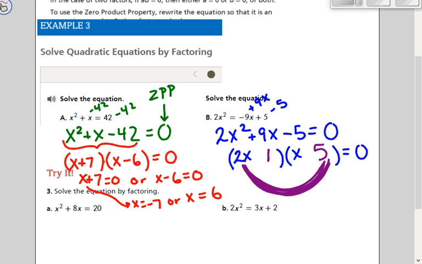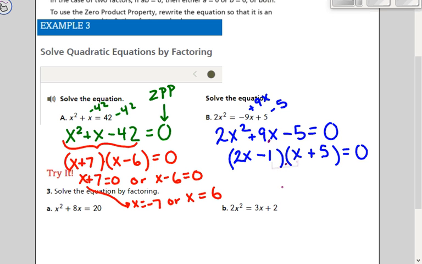And the 1 here, I'm going to get a 1x. And that'll help me get the result of 9x that I want in the middle. In fact, I want it to be a positive 9x, so I'm going to make the 5 positive to make 10x, and the 1 negative to make minus 1x. 10x minus 1x is 9x, so that looks like a pretty good factoring job right there.